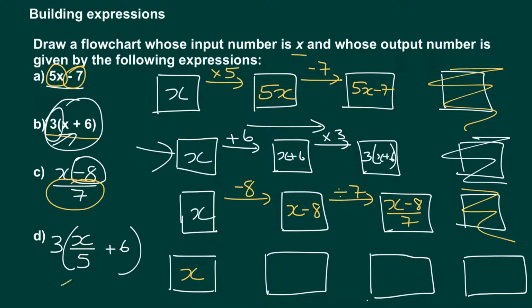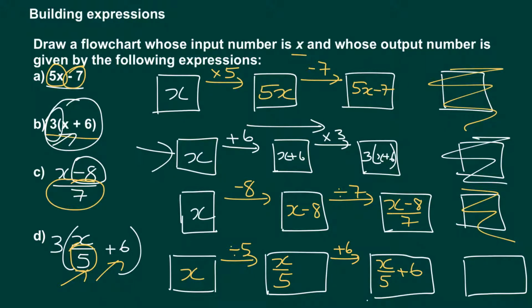So we have a bracket once again. So as we know from BODMAS, we need to work out the brackets first. So the first thing that we have to do is the over 5 here, as that's closest to x. So we do divided by 5 as the very first operation. We get x over 5. Then we have to do the second part of the brackets, which is plus 6, which gives us x over 5 plus 6.